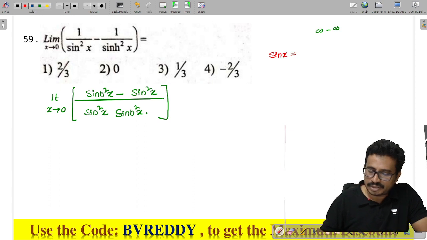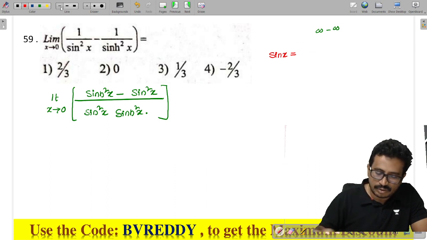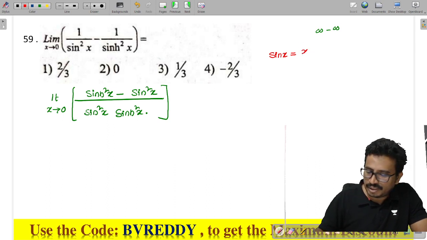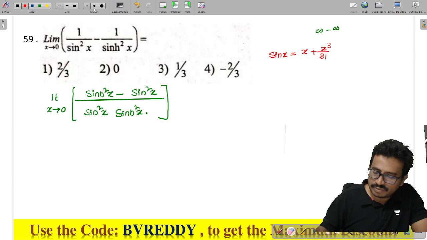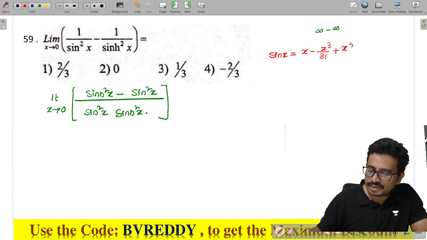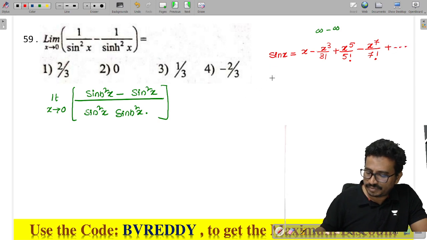What is the sin x expression, you tell me here. Odd powers will come, which is x minus x cube by 3 factorial, and plus and minus will come alternatively, plus x power 5 by 5 factorial, minus x power 7 by 7 factorial, plus and minus alternatively.